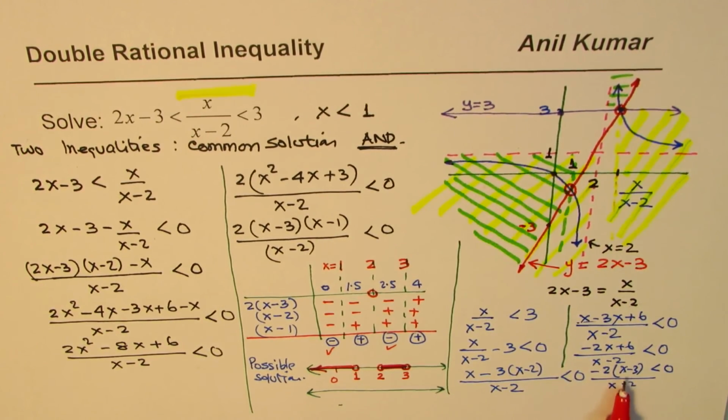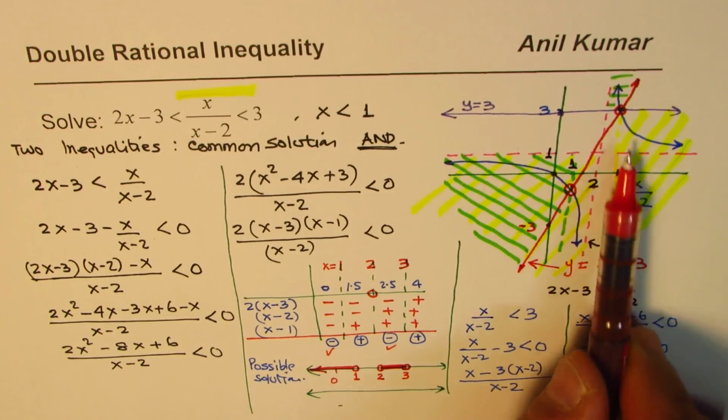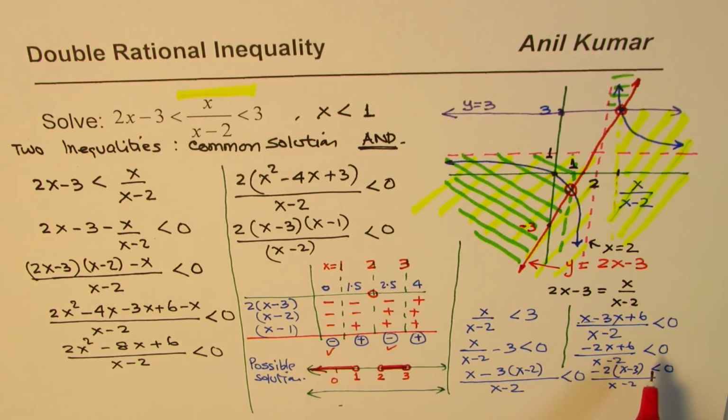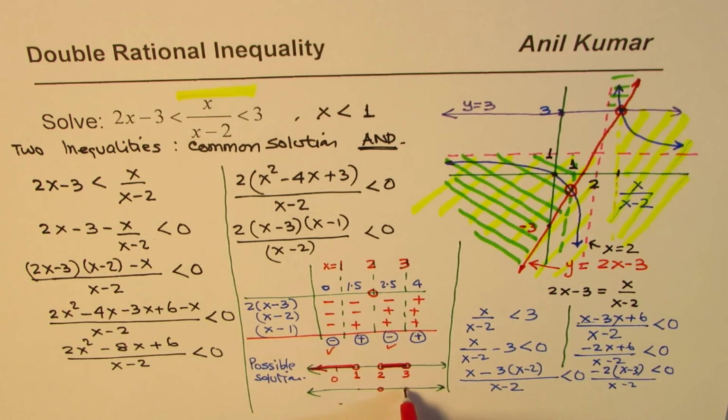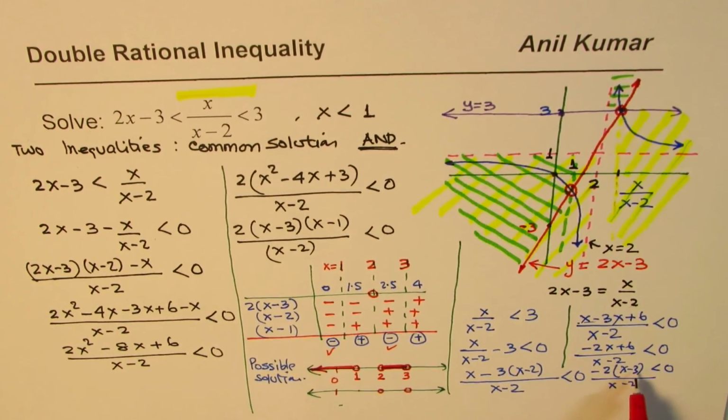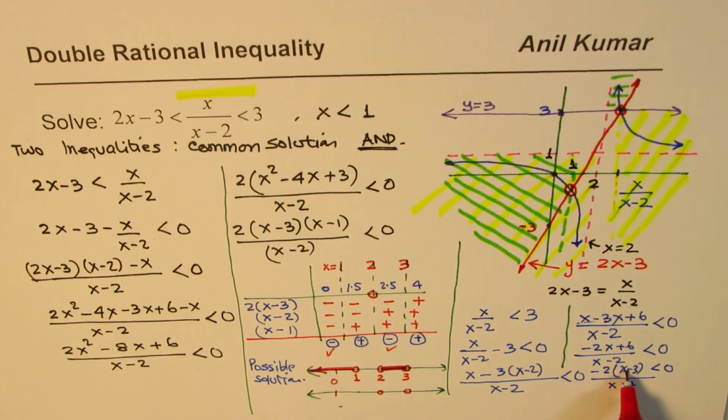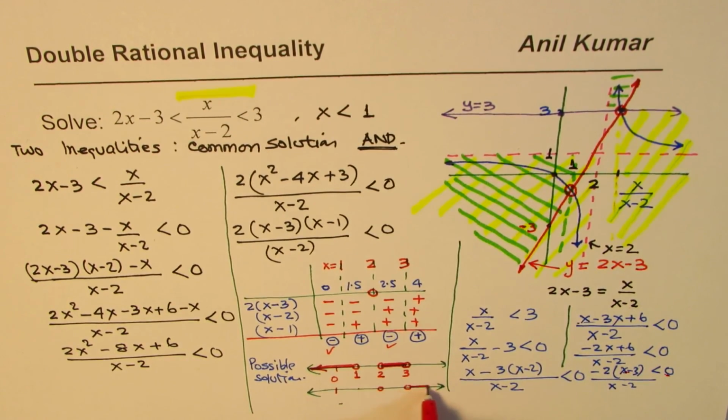When you analyze this rational function, we will get a solution, let's say this is 2 for us, this is 3 for us, and this is 0 for us. If I substitute a value which is more than 3, then this is negative. Do you see that? So it is negative, so it's less than 0, correct? That means more than 3 works for this area. This is the solution. Is it okay?